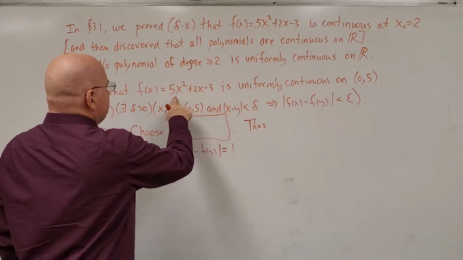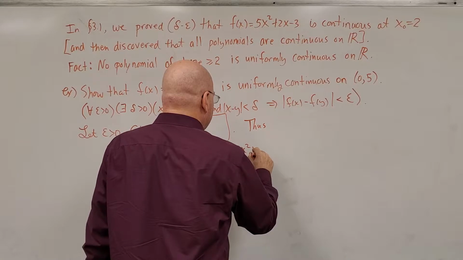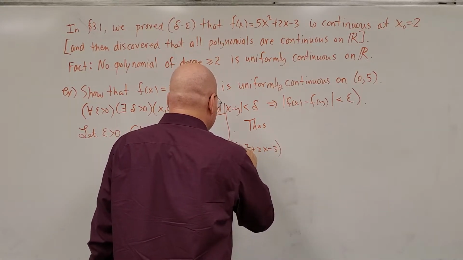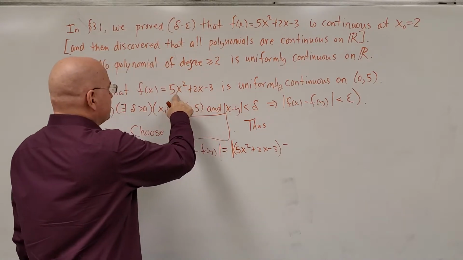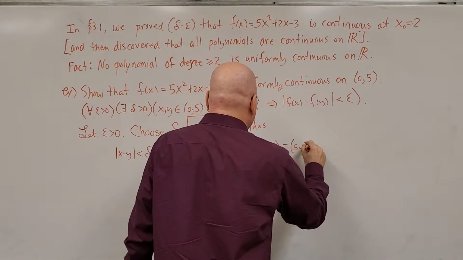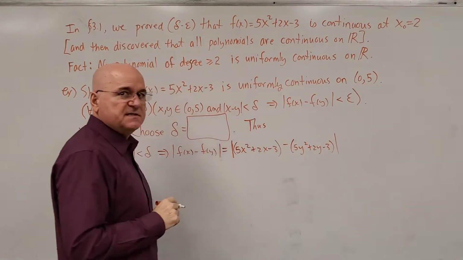Here's f of x right here: 5x squared plus 2x minus 3, minus f of y, so we'll plug a y in and we'll get 5y squared plus 2y minus 3. And don't forget the parentheses there.